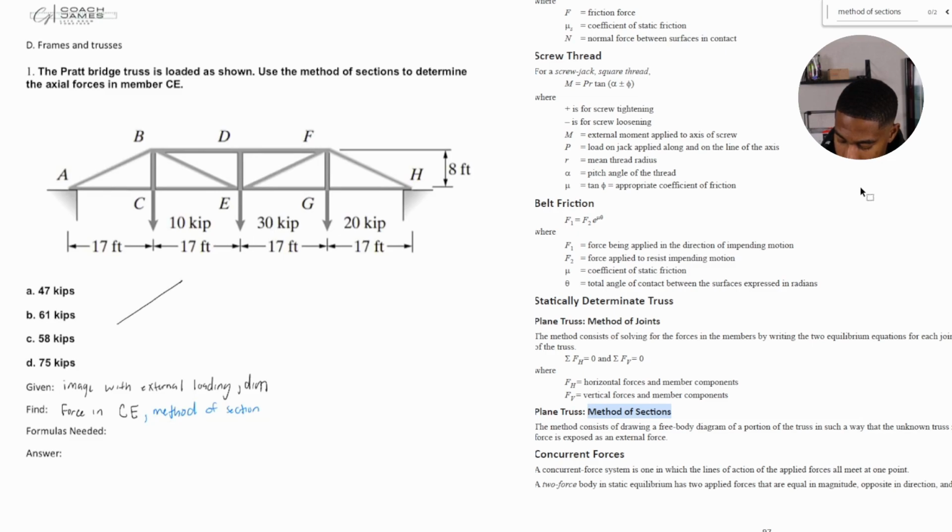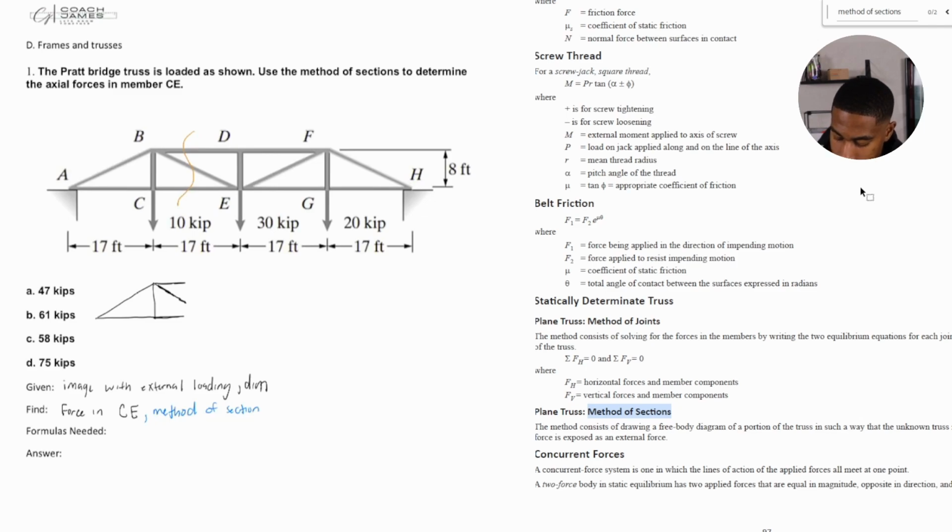Bear with me, because you see I'm nervous drawing this thing. Just want to make sure I'm drawing it to the best of my ability. All right. So I'm going to break it here, here, here. Okay. So here's what I did. Just basically cut it. And here's my truss.